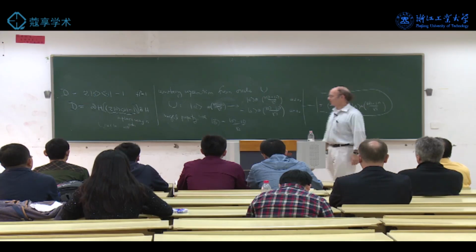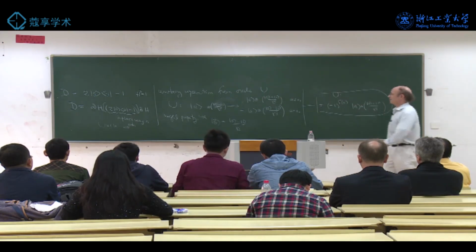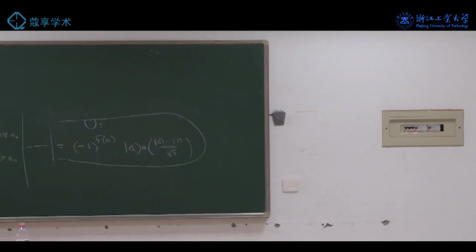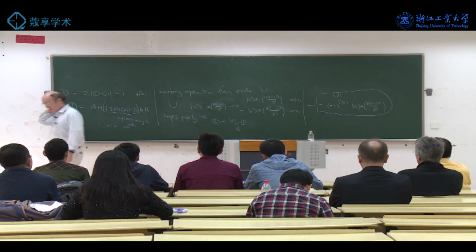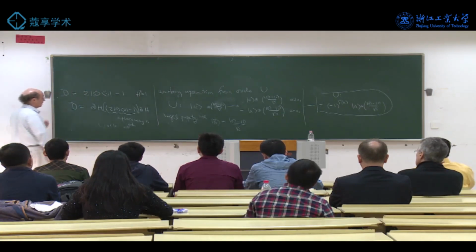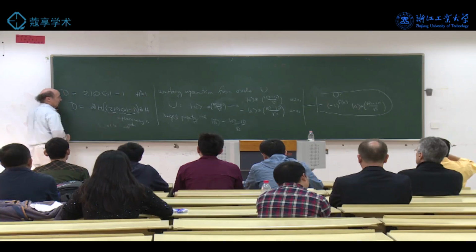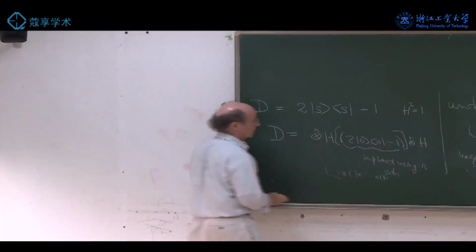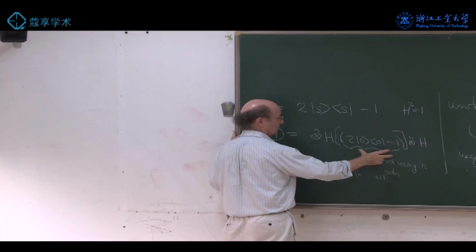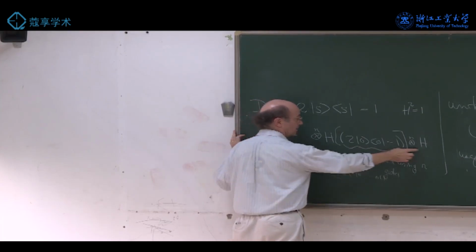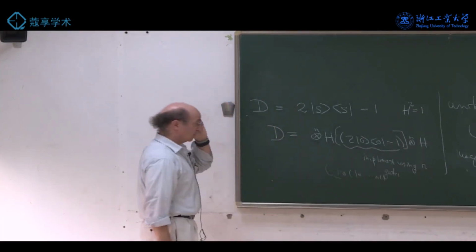You can draw a little wiring diagram, with simple gates, that implements that operation. So D is something that you can realize with a small number of very simple gates, namely gates that implement this and the Hadamard gates that we were using before.